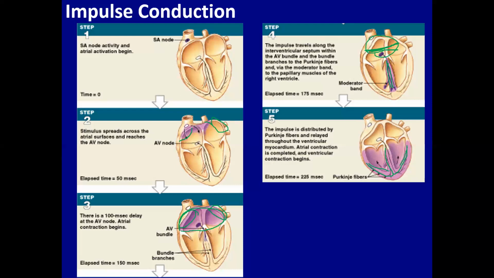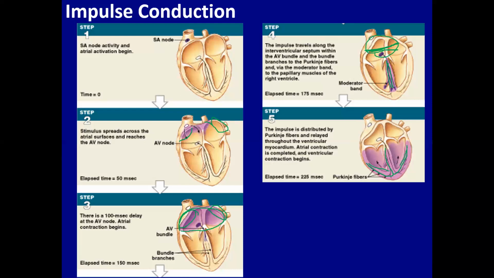Once it reaches that, look at step 3, then we have atrial contraction beginning. Not only do we have atrial contraction beginning, but that impulse is then going to travel down the interventricular septum through what's called the AV bundle, and I'll show you more of that in just a minute, through that AV bundle and the bundle branches, which are in the interventricular septum.